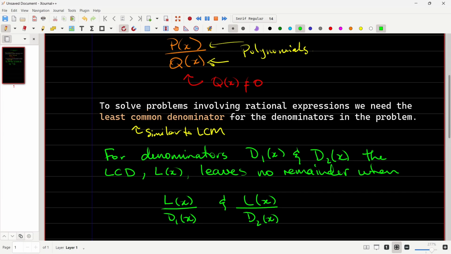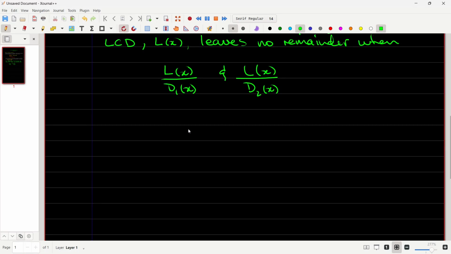All right, so it leaves no remainder. So let me give you some general steps that we can use to solve problems involving the addition and subtraction of rational expressions, and then we'll solve a few examples.